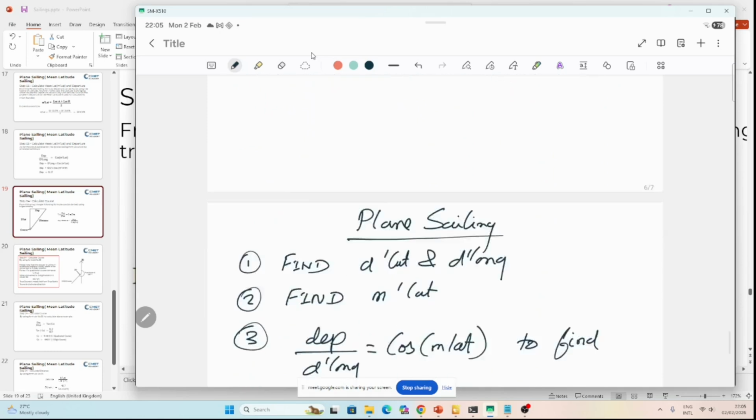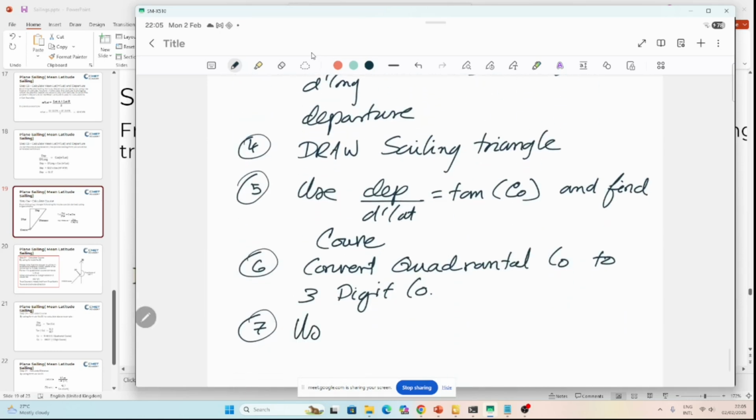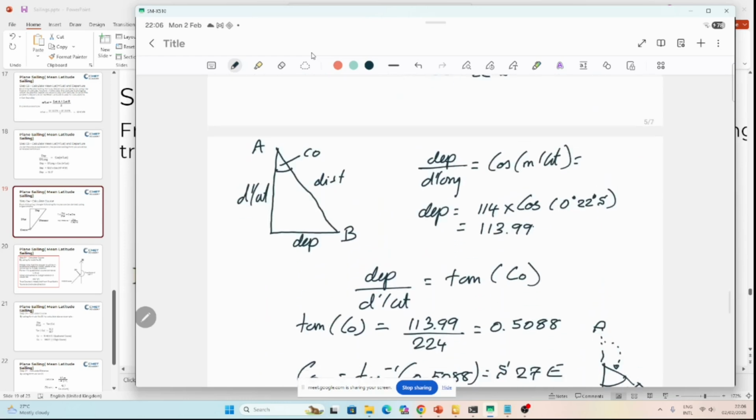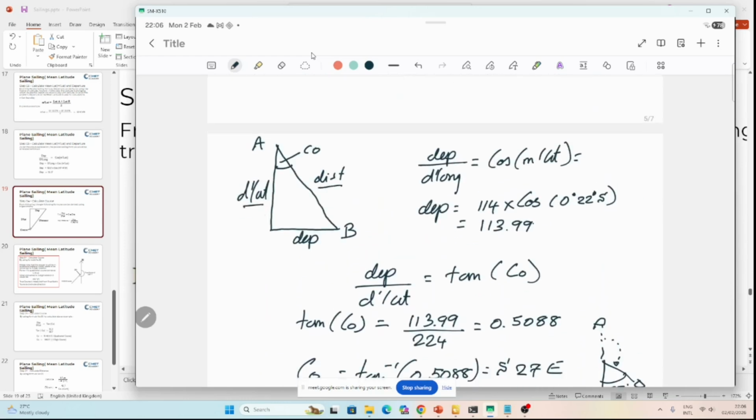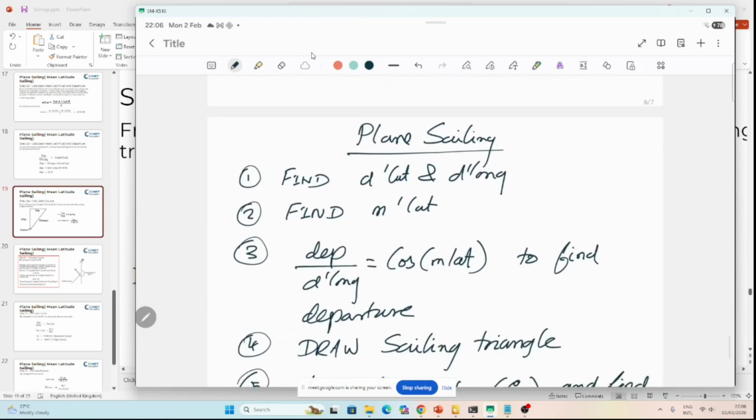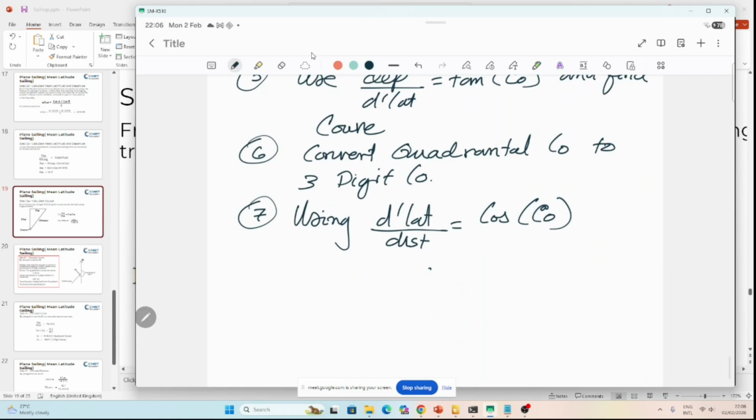So we write the next step: using d lat divided by distance equals cos course, or departure divided by distance equals sin course.